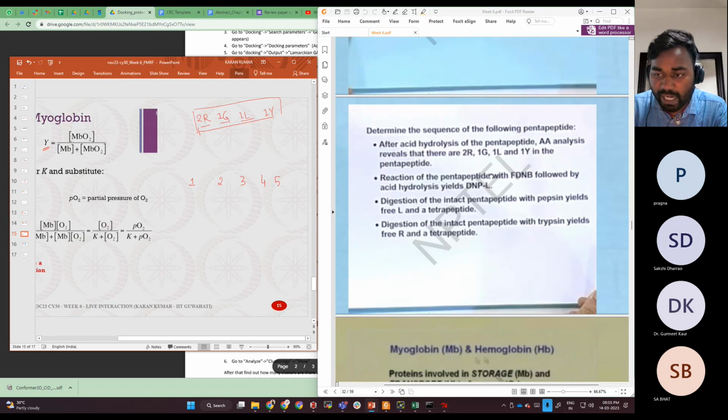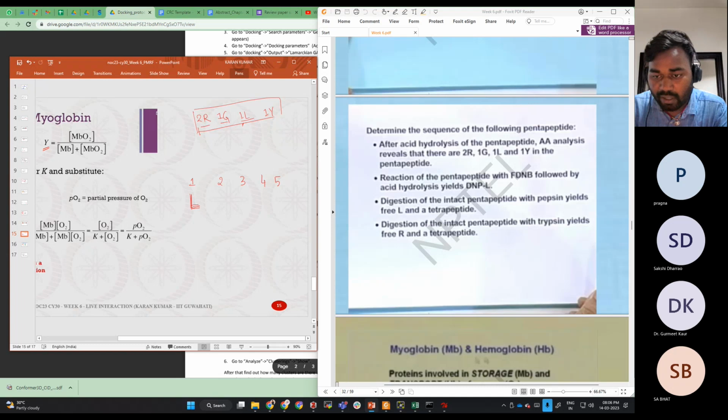Whether it will react on the N terminal or C terminal. N terminal. So it is forming a compound, that means it is at the N terminal, the first amino acid will be L, right? Now you have identified the place of L. So on the N terminal, leftmost side, you will have L.